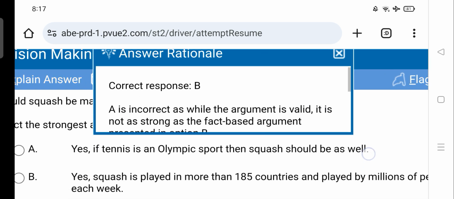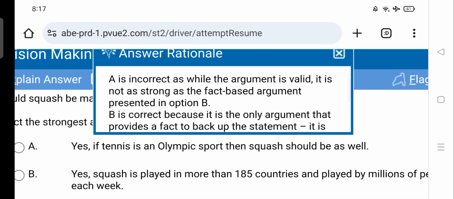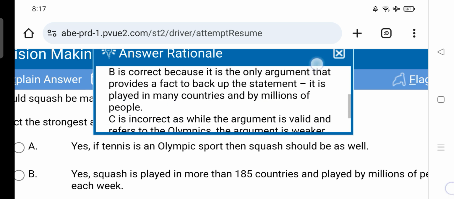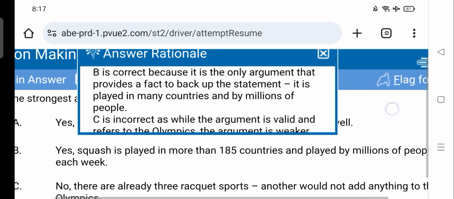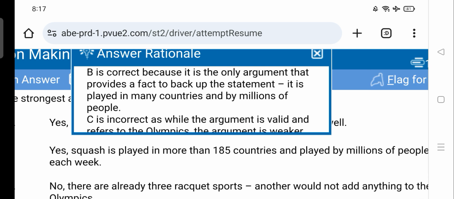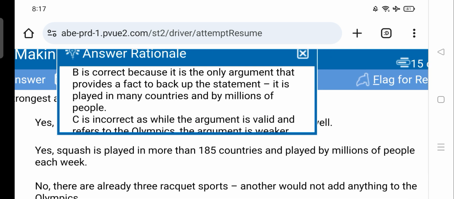Option B is the correct option, and option A is incorrect, as while the argument is valid, it is not as strong as a fact based argument presented in option B. B is correct because it is the only argument that provides a fact to back up the statement. It is played in many countries and by millions of people.